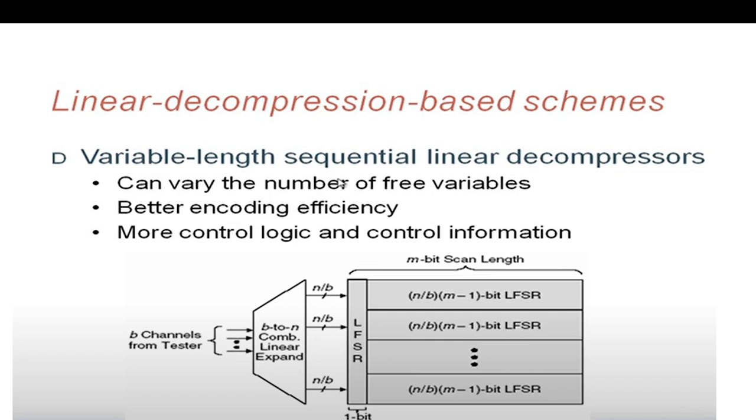And variable length sequential: here we have B to M combinational linear expansion. So one bit is applied and the other n minus m minus 1 bits are obtained from this LFSR.